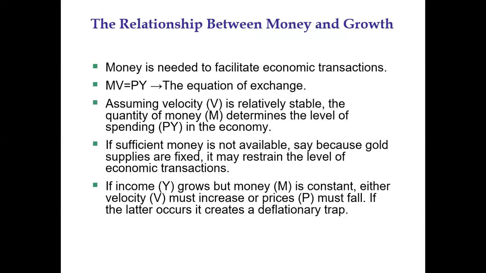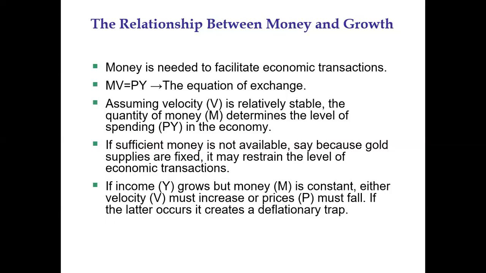Money is an ultimate motivator for people to work. If I want to motivate somebody to perform for me, I need to make him understand the facilitation of economic transactions and its effect on his personal achievements. So, what is the relation between money and growth? Here, M represents money and V represents velocity.